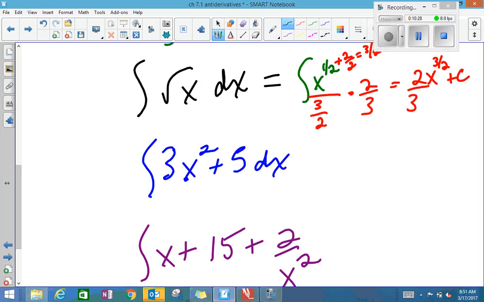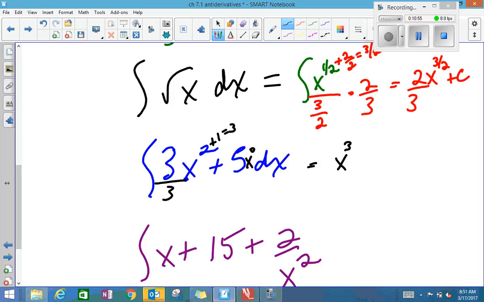Just like in derivatives, when there's a polynomial, you can go term by term and apply the power rule to each term. For instance, here we add 1, which gives us 3, divided by 3. So our first term just becomes x to the third. Now on the 5, you have to think about it as really x to the 0.